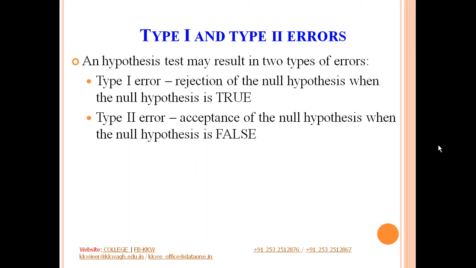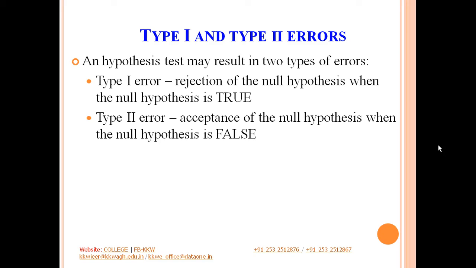Now we come to the concept of type 1 and type 2 errors. Okay, so now when you are performing this hypothesis test, you may come across 2 types of situation or 2 types of errors can arise. These errors are called type 1 and type 2 error. Now what is this type 1 error? Suppose you have assumed a null hypothesis, and in the second step you collect the evidences. The evidences do not support the null hypothesis, for example.